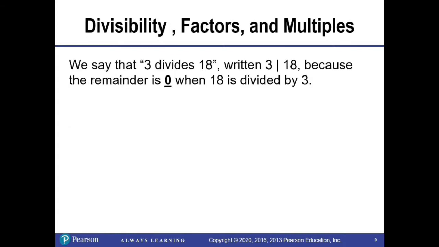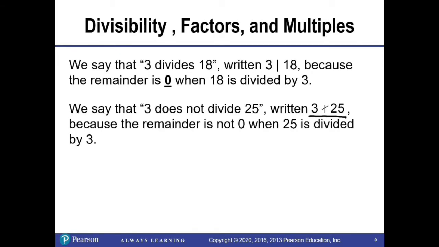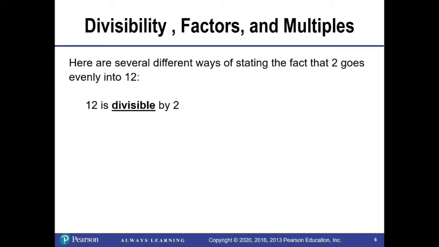For instance, we say that 3 divides 18 because the remainder is 0 when 18 is divided by 3. On the other hand, we say that 3 does not divide 25 because the remainder is not 0 when 25 is divided by 3. Now there are several different ways of stating the fact that 2 goes evenly into 12.